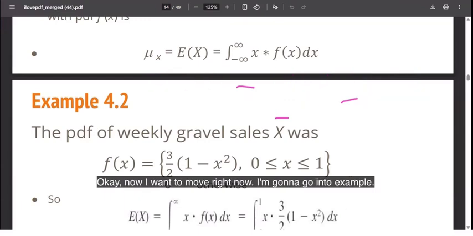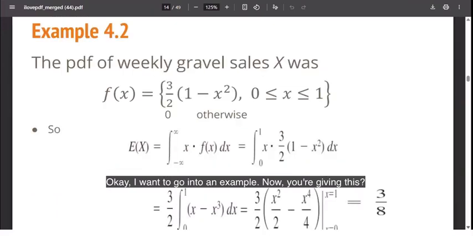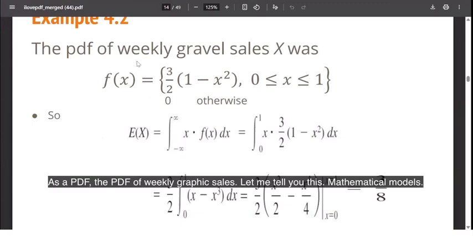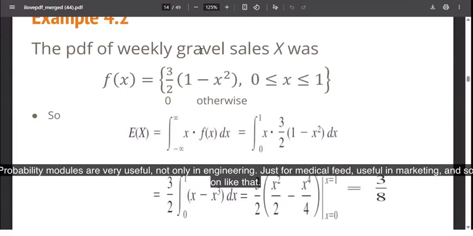Now I want to go into an example. You're given this as a PDF, the PDF of weekly gravel sales. Mathematical models, probability models are very useful, not only in engineering, but in the medical field, in marketing and so on.